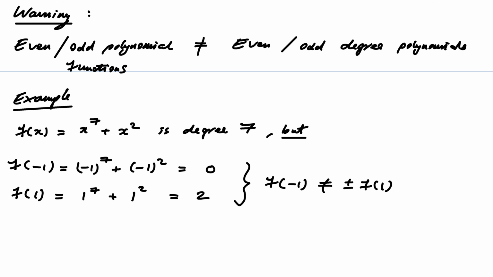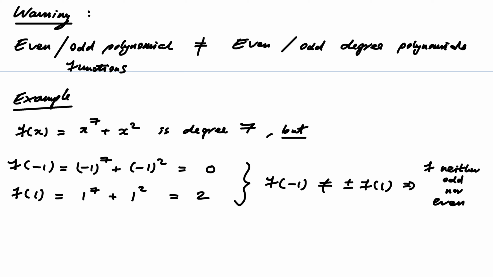So F is neither an odd nor an even function, because it doesn't satisfy the defining properties. You need to have f of minus x equal to f of x for even or minus f of x for odd, for everything in the domain. If it fails once, it's over.